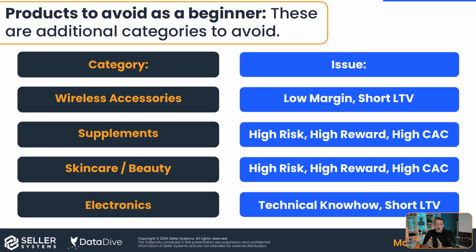So you're going to be going up against factories. And so the margin that you're going to be able to get is smaller than theirs. And so they are willing to move more units at a smaller margin in order to continue to make a lot of dollars. And so the other issue with wireless accessories and electronics is that you have a short lifetime value.